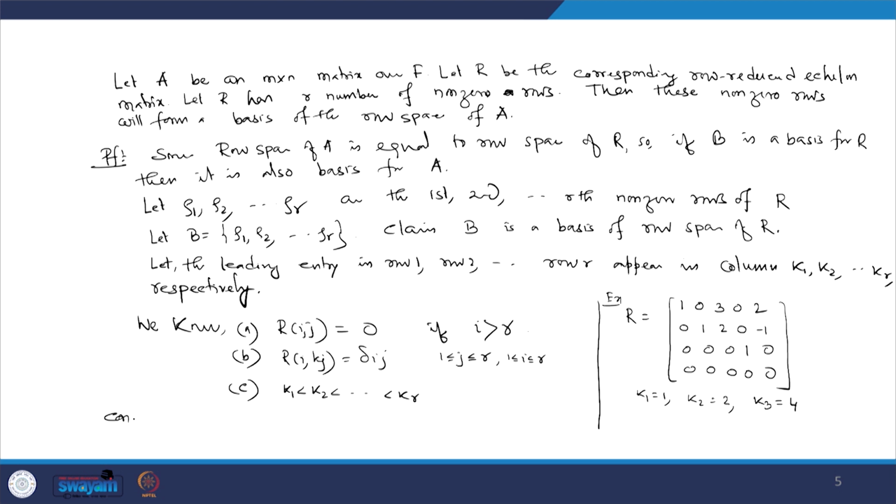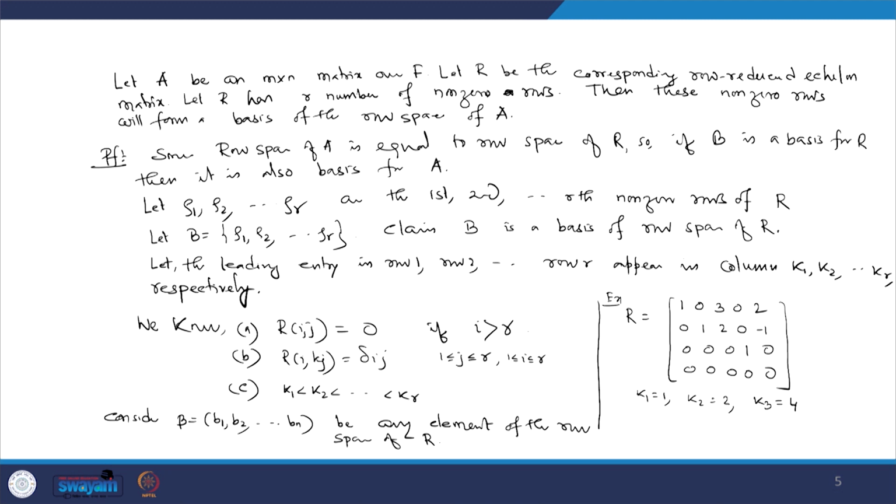Consider beta equal to B1, B2 up to Bn, be any element of the row space of capital R. Then my claim is that beta can be written as a linear combination of rho 1, rho 2, rho r, and certainly because they are the non-zero rows.